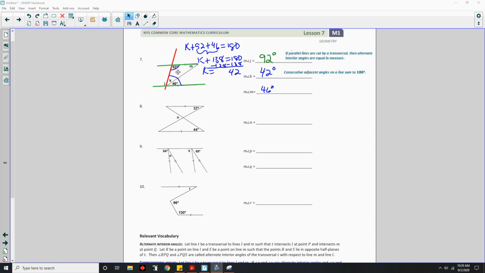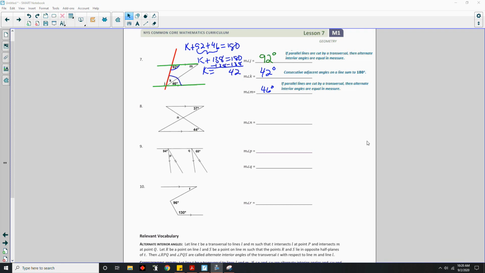I did same side interior, so sometimes there's more than one way to do a problem. But if we use J plus K plus 46, and we already found J to be 92, it's the same equation as this. And then finally, the measure of angle M equals 46 degrees because if parallel lines are cut by a transversal, alternate interior angles are equal in measure.